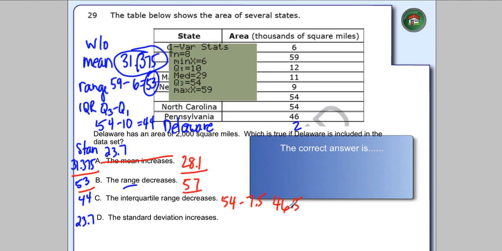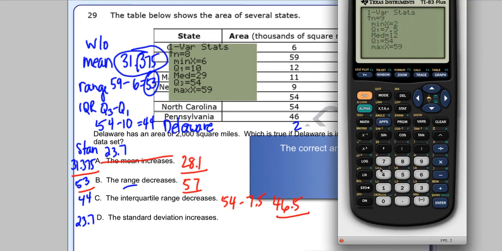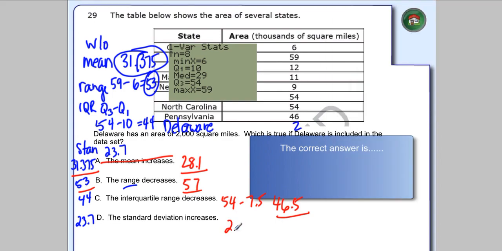So the interquartile range actually increased, and the standard deviation is 24.2. And it definitely increased. So D would be your answer. Okay, so that's one way to find all the data with it and without it, and then you can compare.